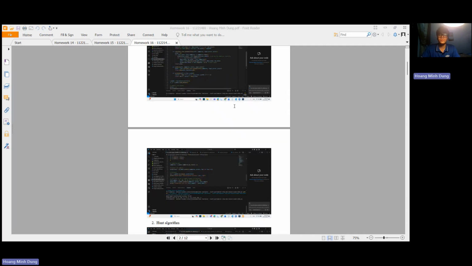If I had to summarize my entire experience from homework 14 to homework 16, it would be this: there's no single best algorithm. The choice depends on the problem. However, for general-purpose, real-world applications where performance and robustness are critical, I would now lean toward random forest.